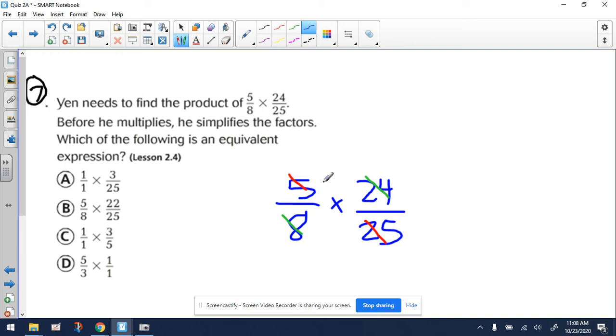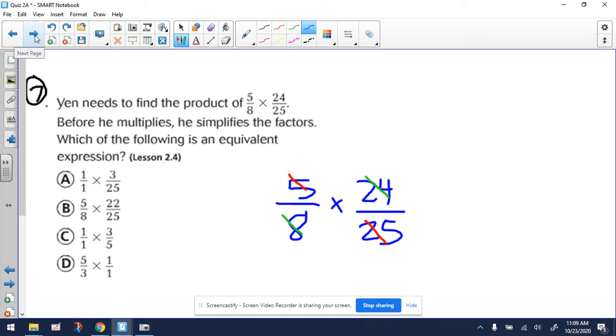So if we divide both of these by 5, what do you get right here and what do you get down here? And going this way, we take advantage of the fact that both share the common factor of 8. The GCF of these two values is 8. So if we divide by 8, what do we get? If we divide this by 8, what do we get? Now, if you take your numbers and clean them up and rewrite them neatly, they're asking which one of these is that. All right, so you may need to pause that if you need to write that down.